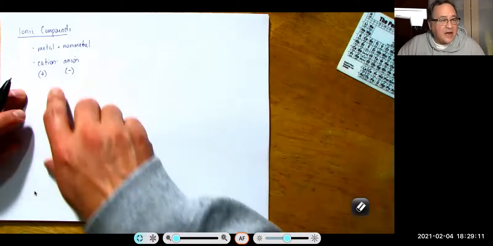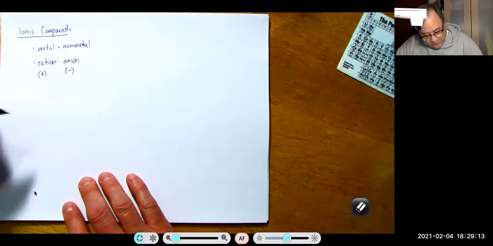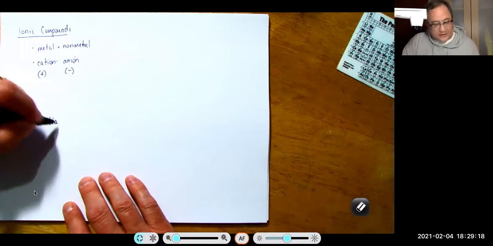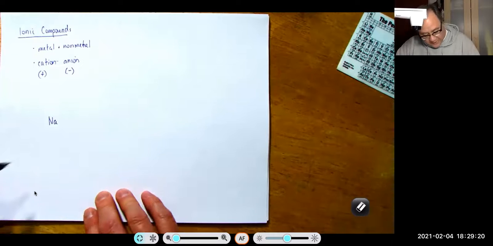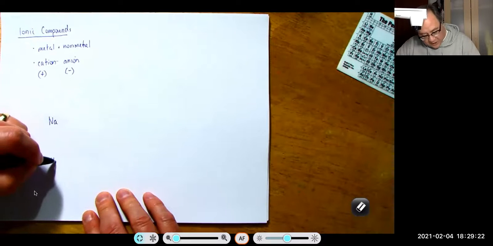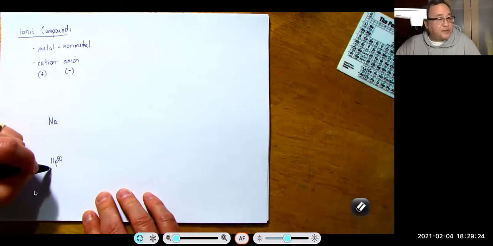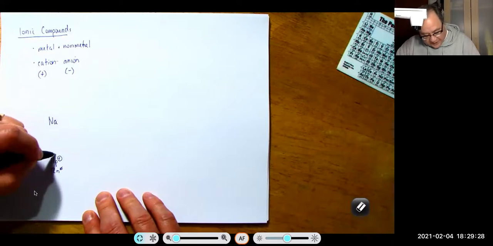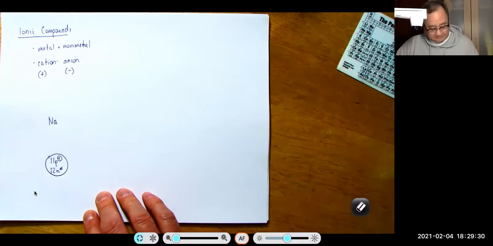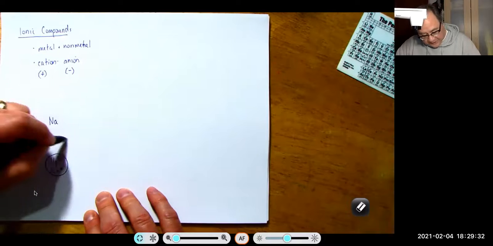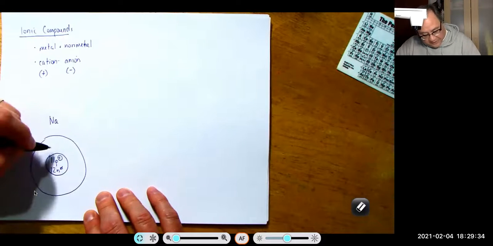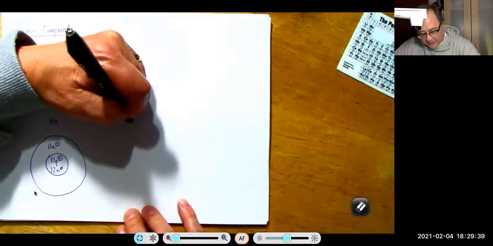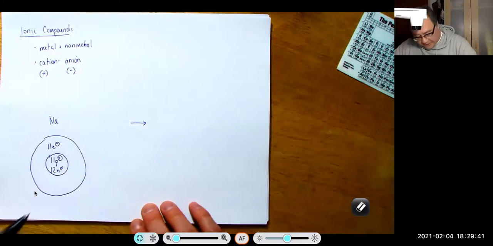Let's look at cation formation. So sodium is an atom with 11 protons, and most of them have 12 neutrons. So this is the isotope that has 23. And since it's a neutral atom, it also has 11 electrons. Now I'm going to put a little arrow here and a little arrow here.